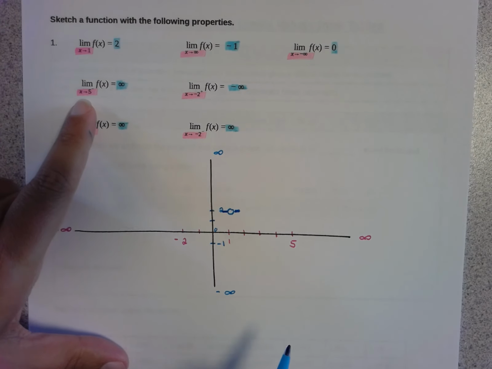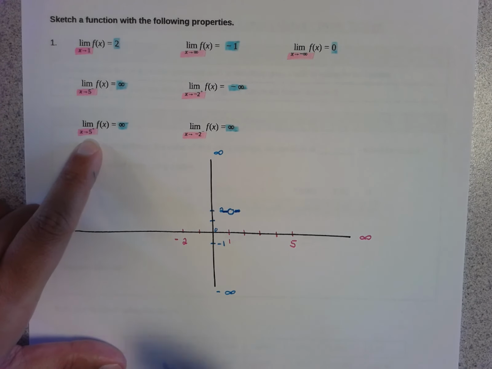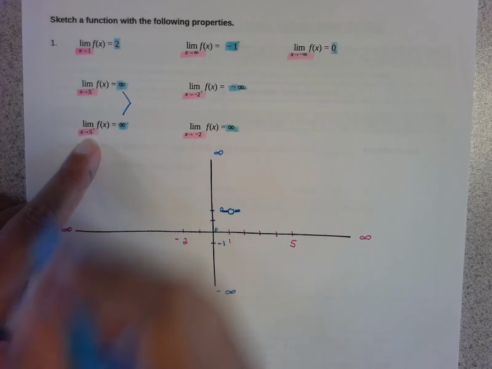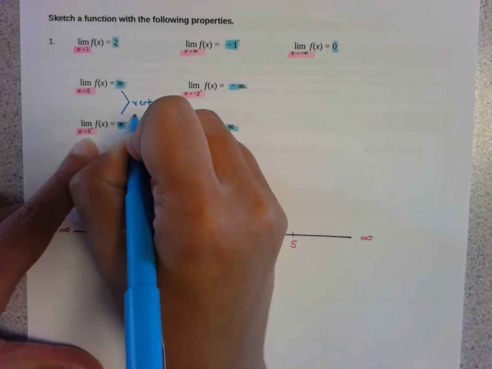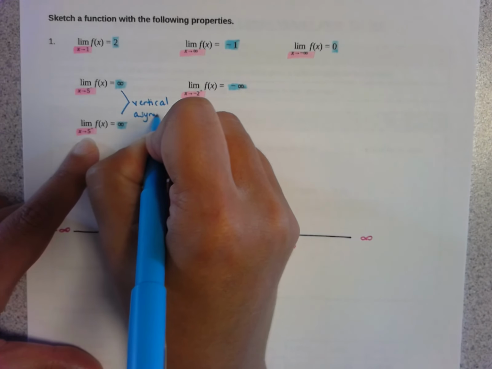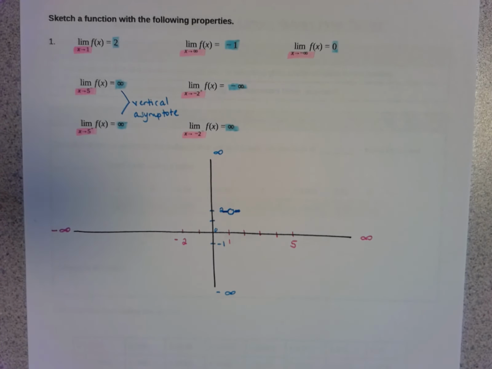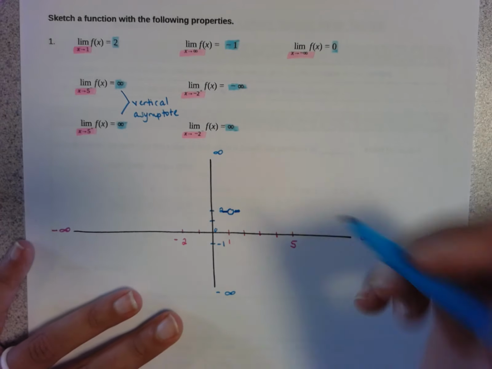Now I'm going to do the limit as x approaches 5 from the left and 5 from the right. Since I'm approaching 5 from each side and getting infinity, it tells me there's going to be a vertical asymptote at 5. The only thing that there could be on the graph that would force my y values to go up to positive infinity would be an asymptote.